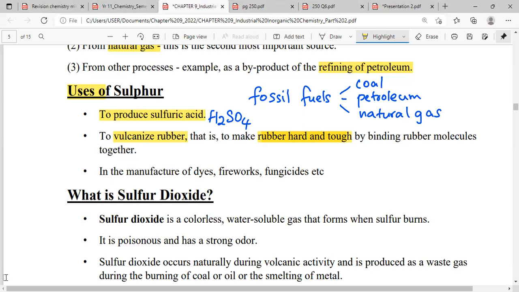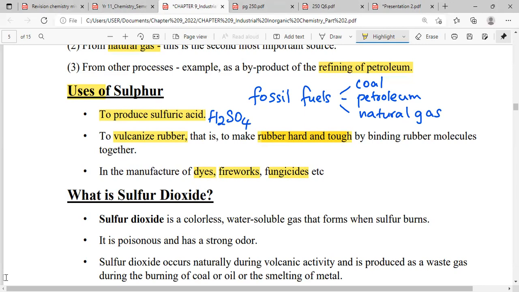Other than that, sulfur is also used to make dyes, fireworks, fungicides. The other day we came across dyes. Dyes are chemicals that are used to add color to our clothing and other products. Fireworks, I'm sure you know.